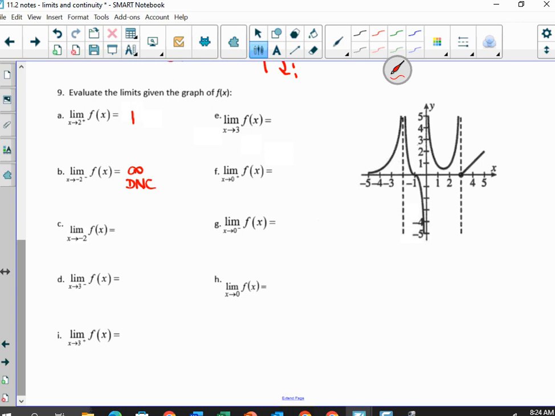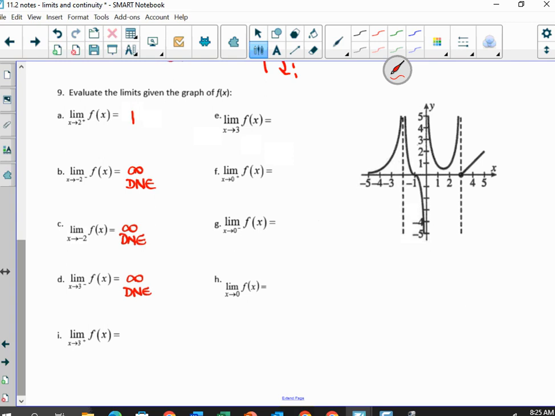We have to write it: if it's approaching an asymptote, tell me which direction it's going as it approaches that asymptote, but then also does not exist. What about letter C? Yep, because both the left and the right are approaching infinity with that asymptote. What about D? Yes, lots of infinity does not exist.